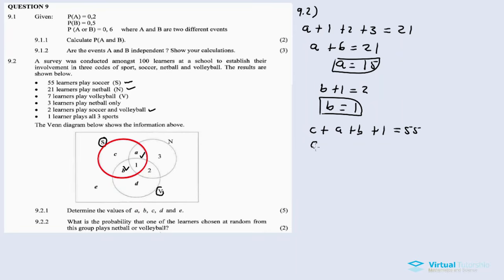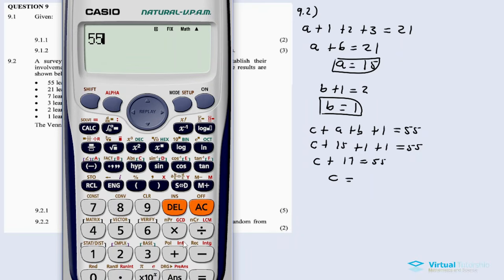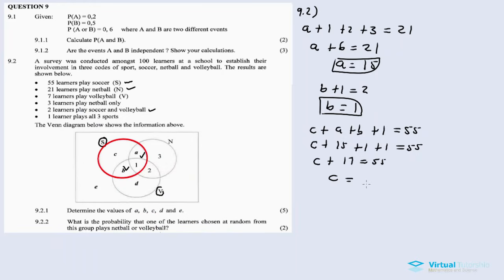So C unknown, A is 15, B is 1, plus 1 is equal to 55. 15 plus 2 is 17. C is equal to 55 minus 17. 38. So our answer is 38.